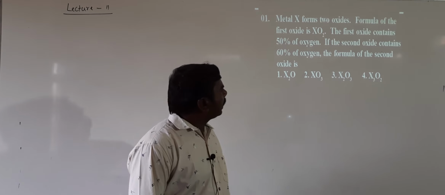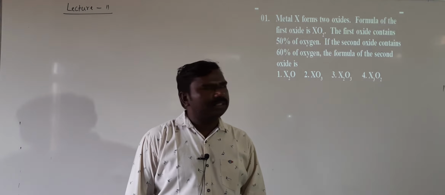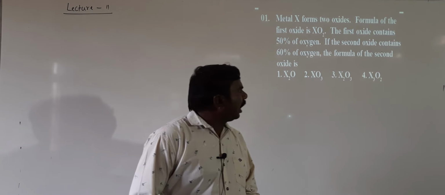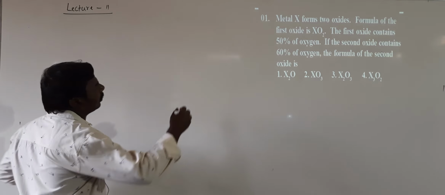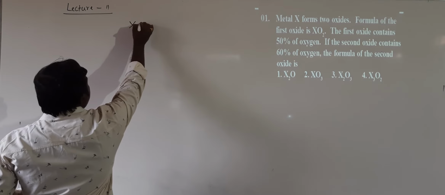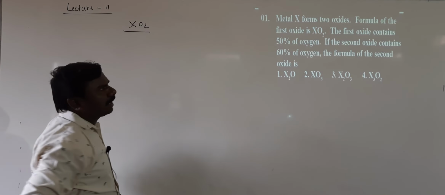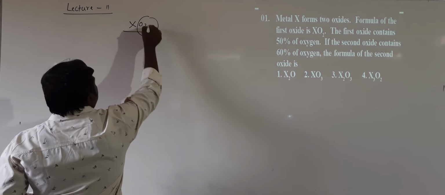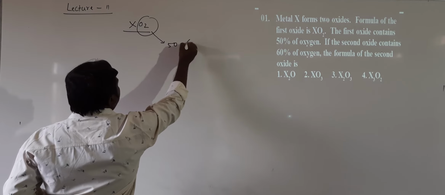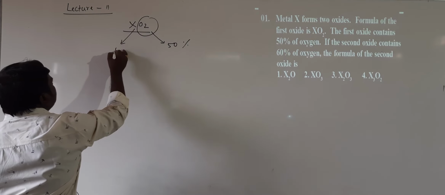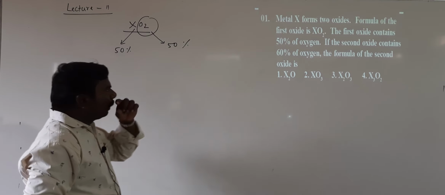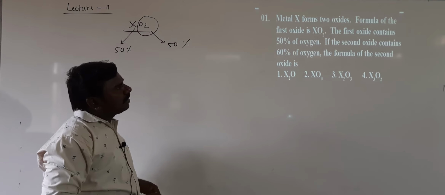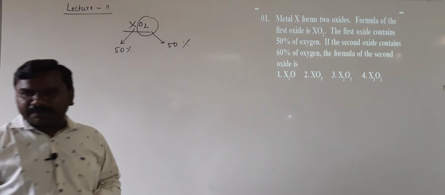If the second oxide contains 60% of oxygen, what is the formula of the second oxide? XO2 is the formula of the first oxide, and it contains 50% of oxygen. Now, the first oxide is given.